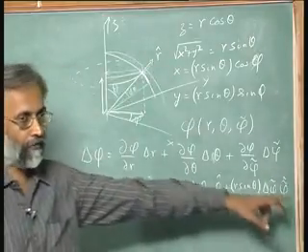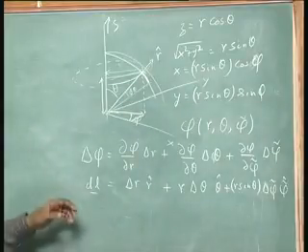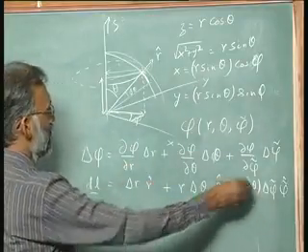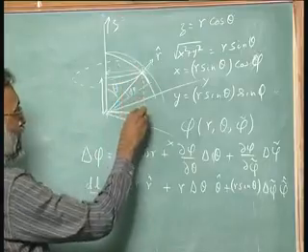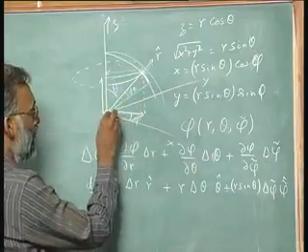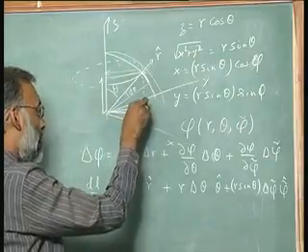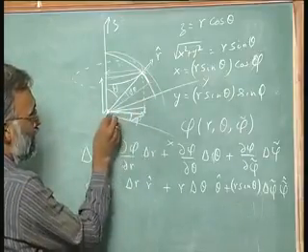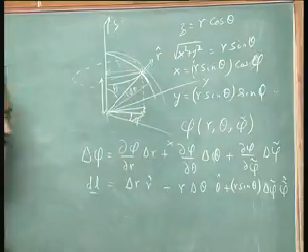I put a twiddle over the phi's to separate it out from the electric potential. Where did this r sin theta come from? Well, the projection onto the xy plane is r sin theta, and if I change phi, this distance is given by r sin theta delta phi tilde.